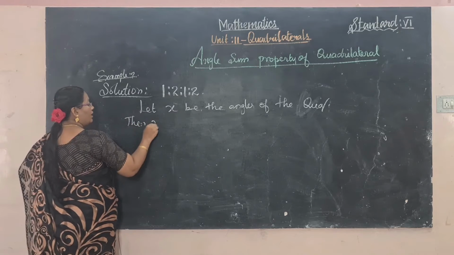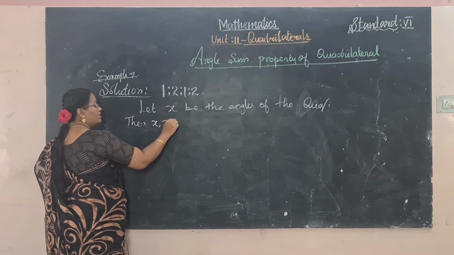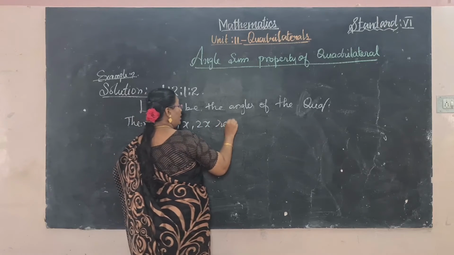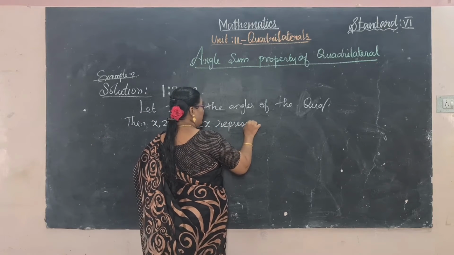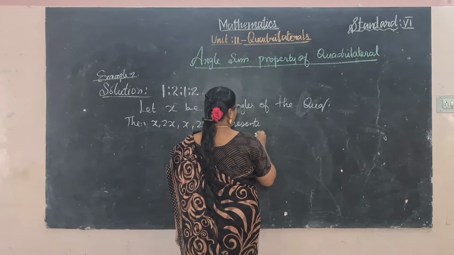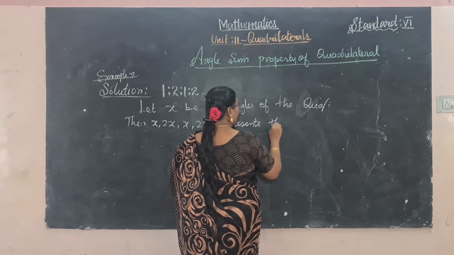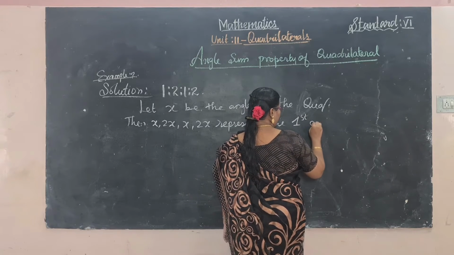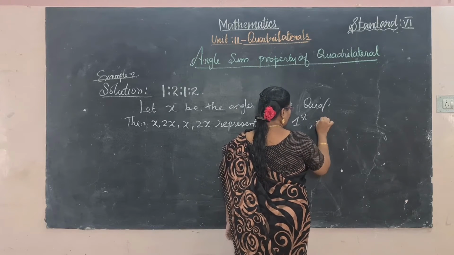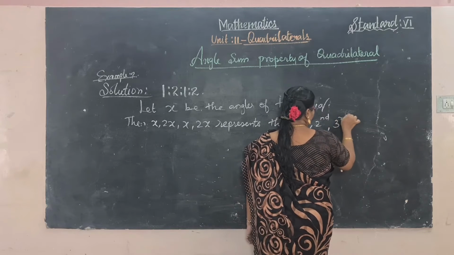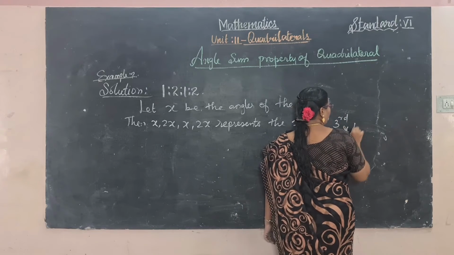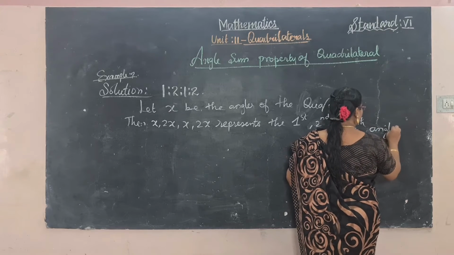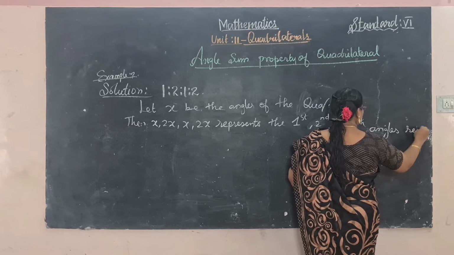Then x, 2x, x, 2x represents the first, second, third and fourth angle respectively.